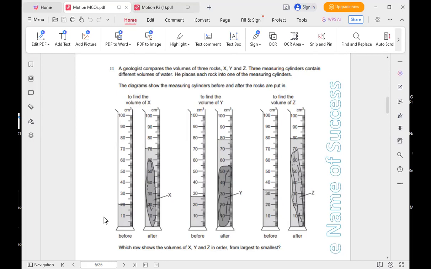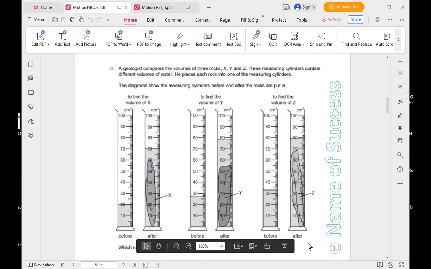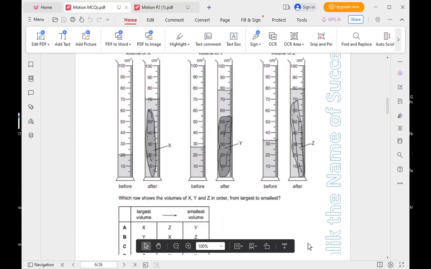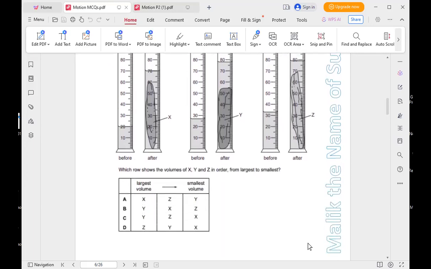And Z is 79 minus 33. Then you make the order here from largest to smallest. Subtract it, hurry up. Yeah, I'm subtracting it.